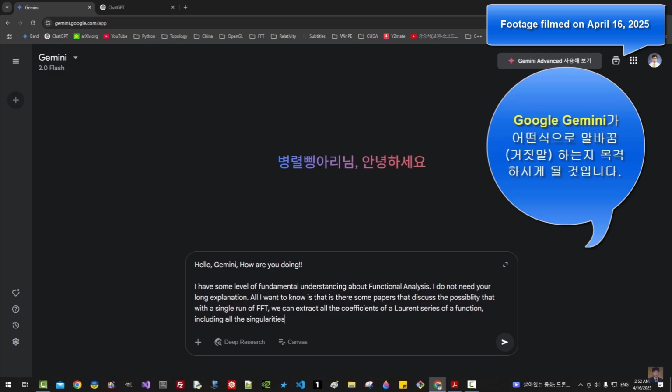All I want to know is, are there some papers that discuss the possibility that with a single run of FFT, we can extract all coefficients of a Laurent series of a function?